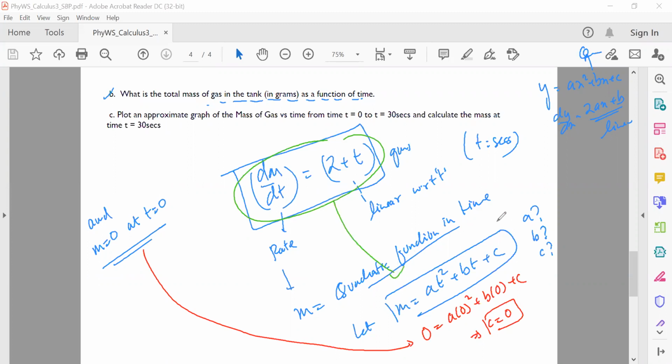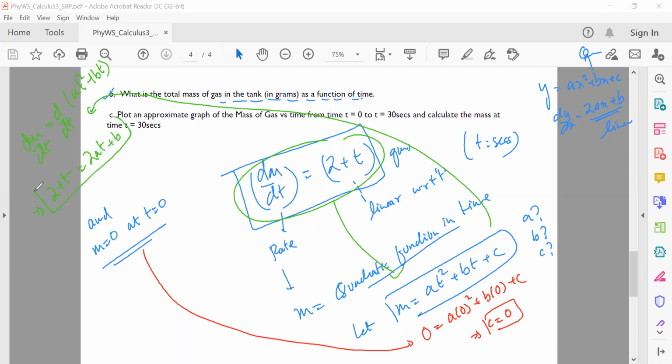So dm by dt, according to this, should be the rate of change of at square plus bt, because already we have seen that c is 0. So dm by dt is equal to 2 plus t, and on the other side that should be equal to 2at plus b.